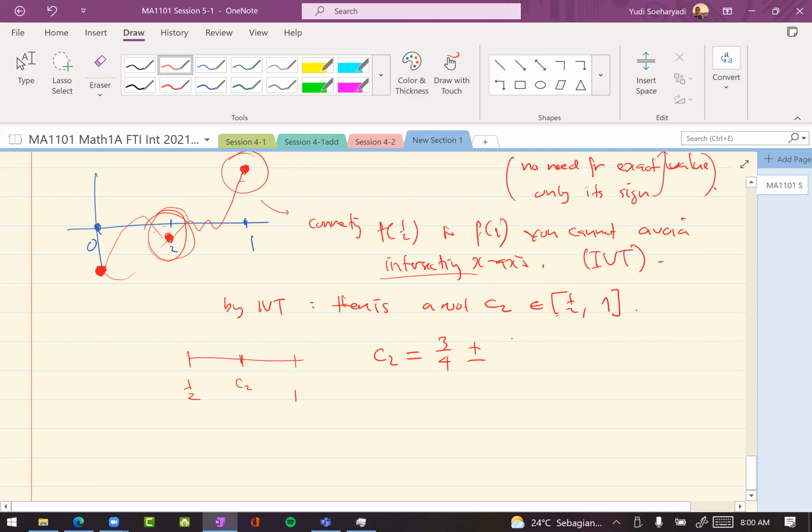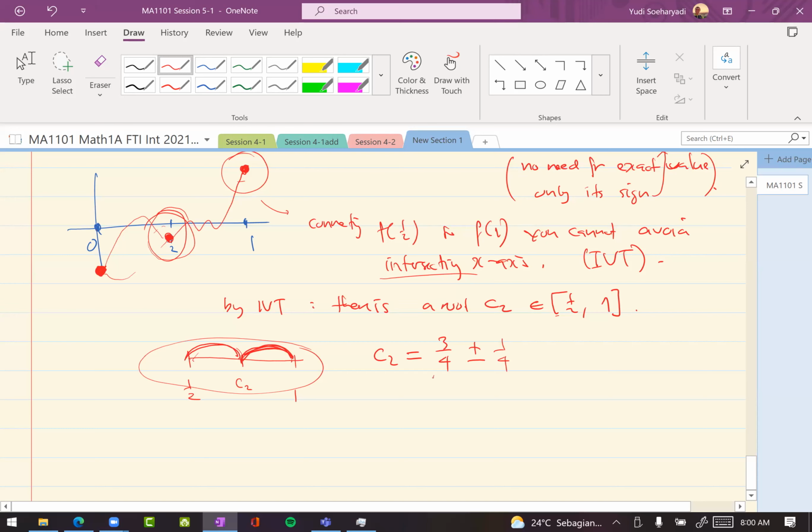In this picture here, what is the error? What distance? Is it 1/4? Yes, because from here to here is the error, and to the left it is also 1/4.